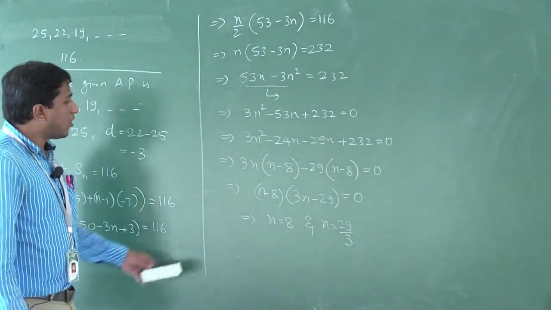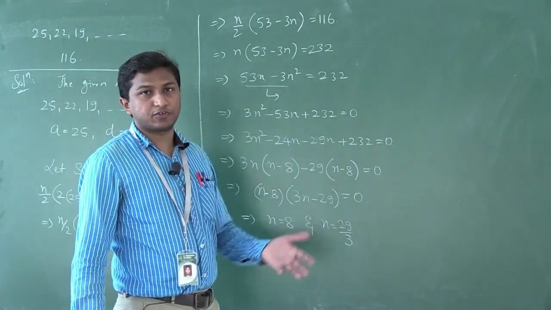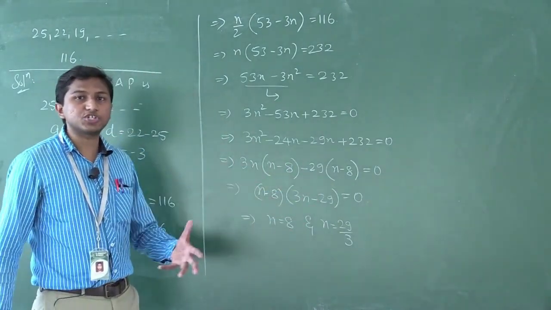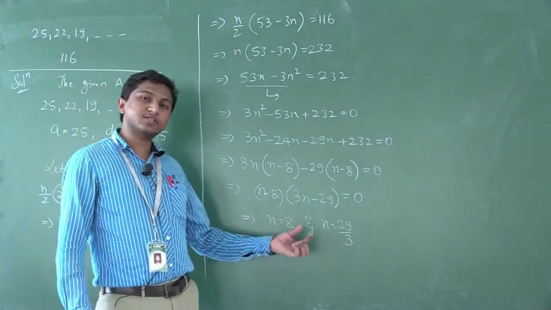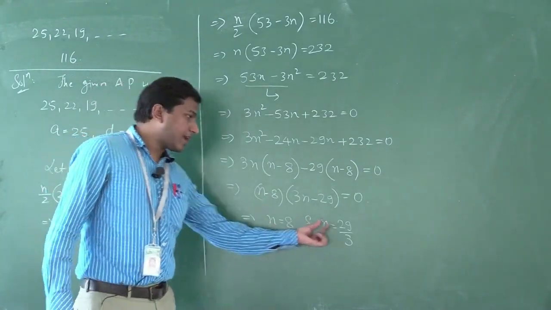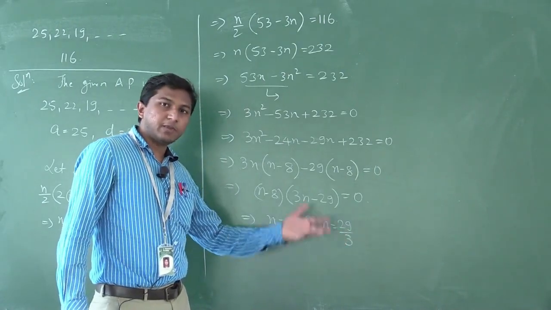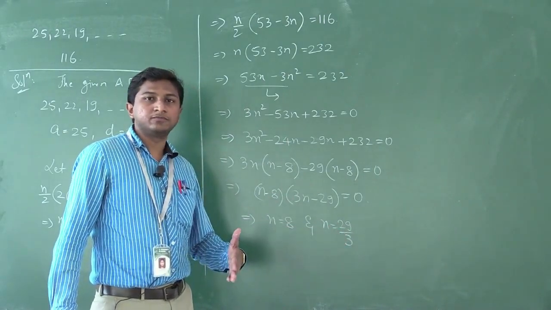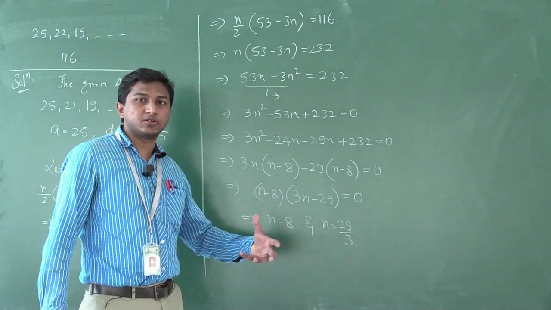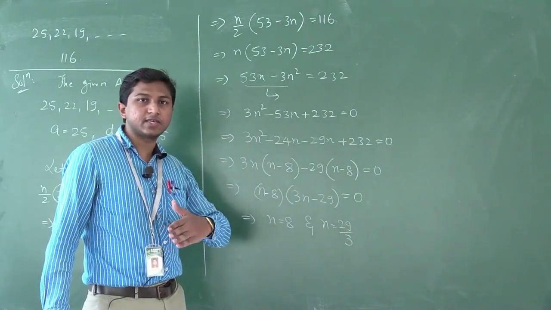But what is n? n is nothing but the number of terms, or the position of the term. Can n be a fraction? No, it must be a natural number. n denoting the position can be 1, 2, 3, 4, 5, 6, and so on.